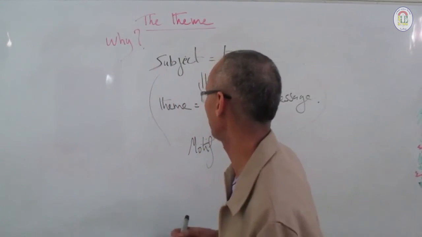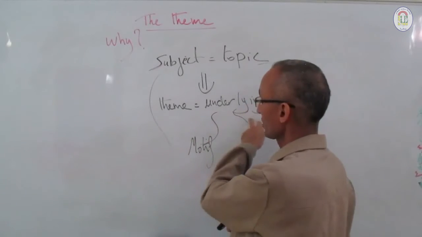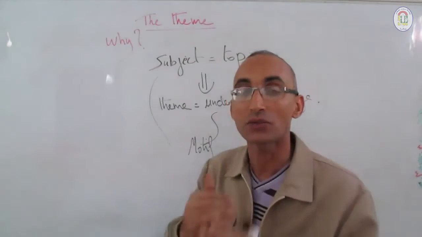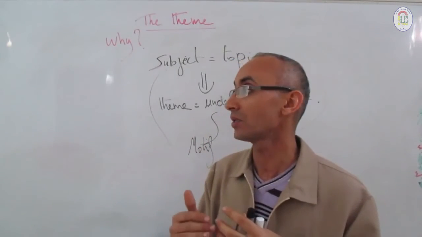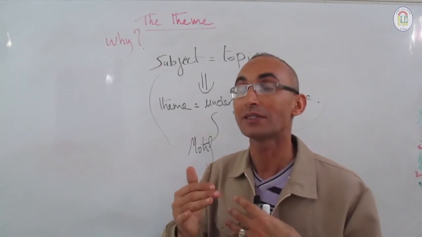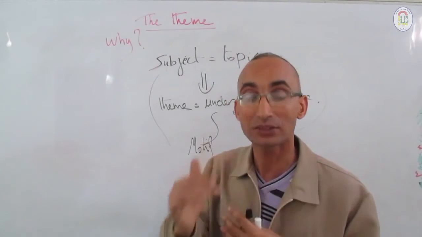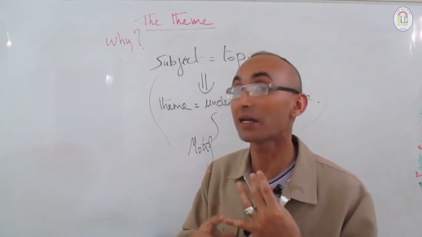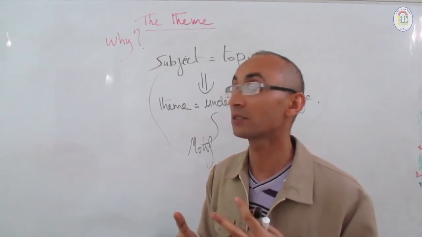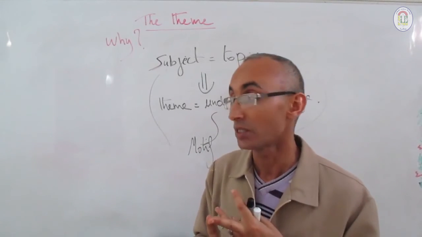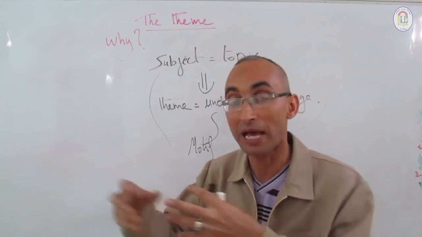Motif is like theme. Theme, we said, is the message, but motif is that recurrent image, repeated image, repeated symbol, repeated word, repeated hint. Maybe a color, maybe a gesture, maybe an action. For example, the color red, blood.